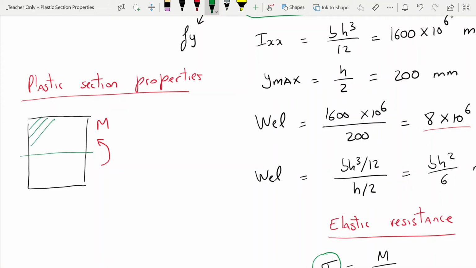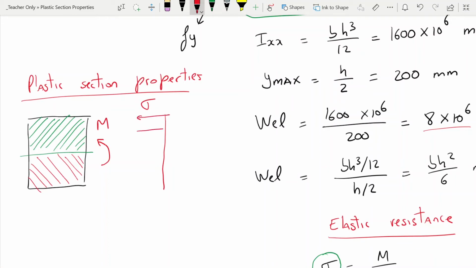The top part will plastify under compression and the bottom part will plastify under tension. So if you think about the stress diagram in this case, the top part will have a constant stress of Fy and the bottom part will have a constant stress of Fy. So both of these values, here is Fy and there is also Fy.